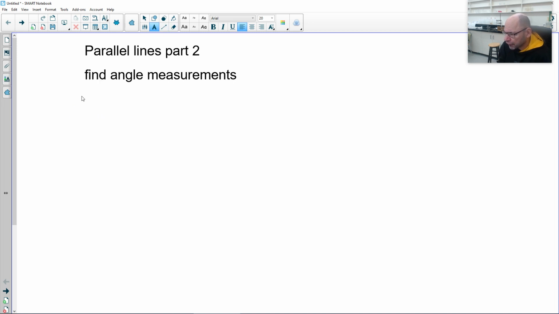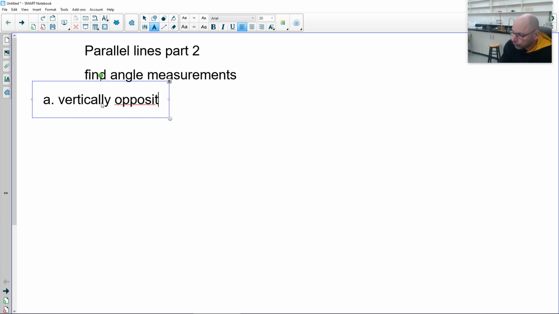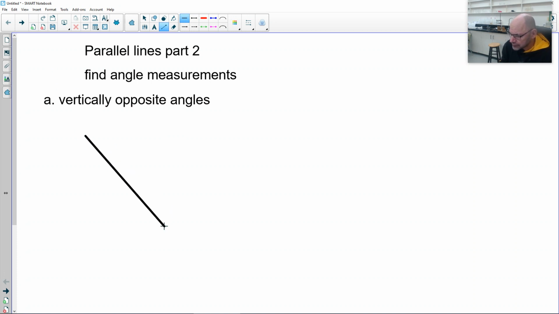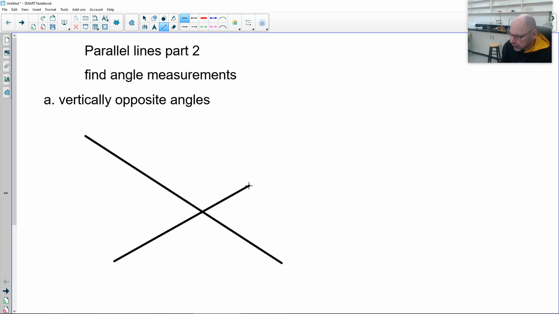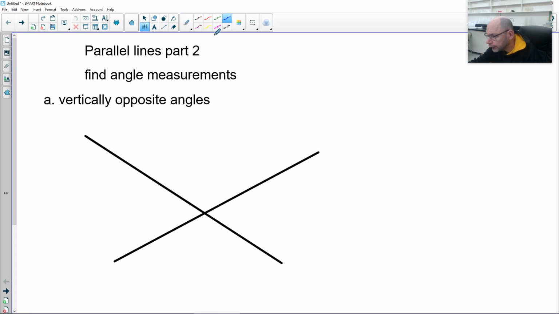So the first one we're going to do is called vertically opposite angles. Okay, so when you have two lines intersecting each other, like that, making an X. So 1, 2, 3, and 4.